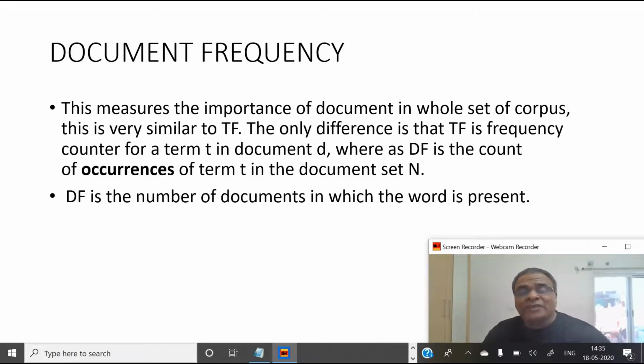The only difference is that TF is the frequency counter for a term T in a document D, whereas DF, document frequency, is the count of occurrence of term T in the document set N. That means DF is the number of documents in which the word is present. So that is another term you will use in this algorithm, document frequency.